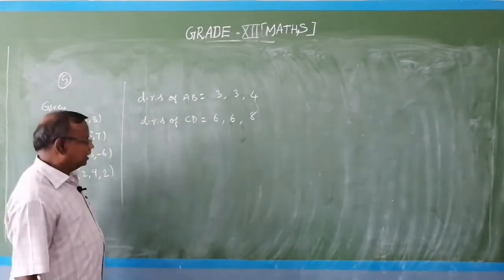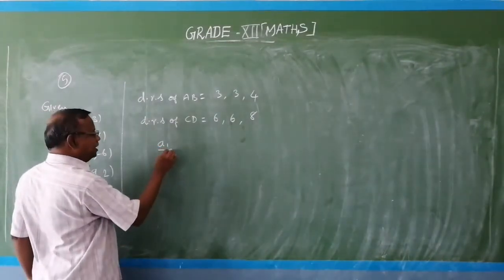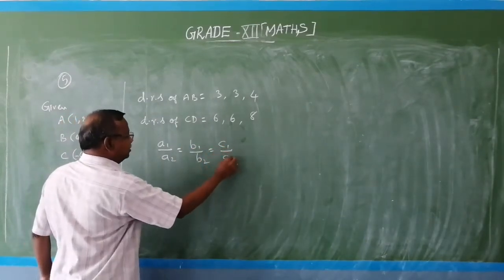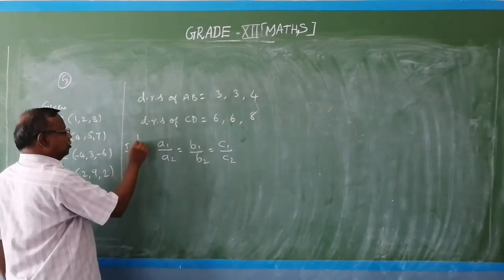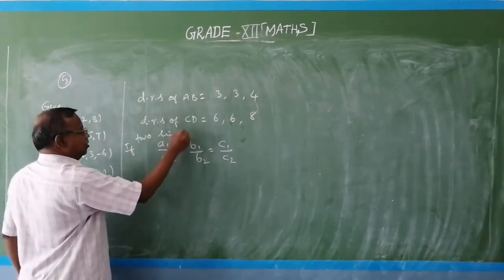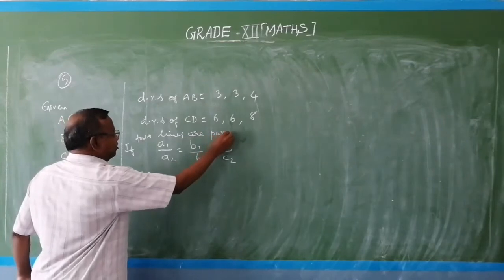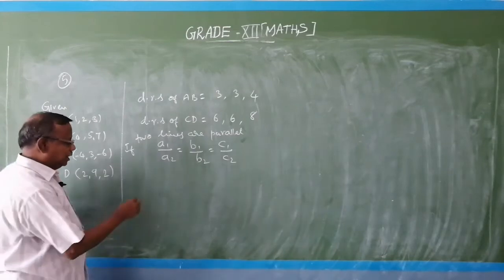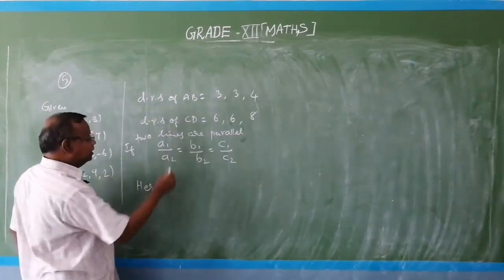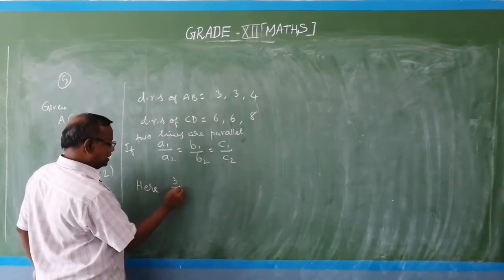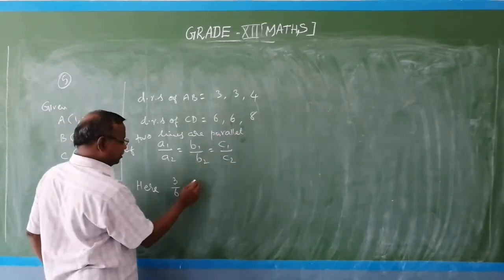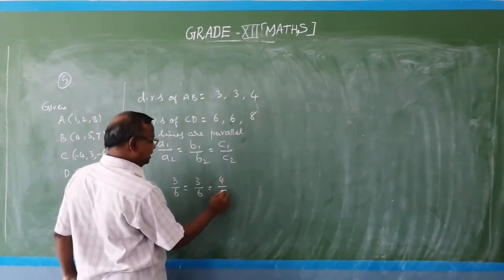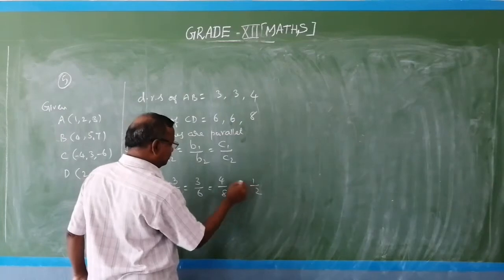If two lines are parallel, then the condition is A1 by A2 equal to B1 by B2 equal to C1 by C2. Here A1 by A2 equals 3 by 6, B1 by B2 is also 3 by 6, and C1 by C2 is 4 by 8, equal to 1 by 2.